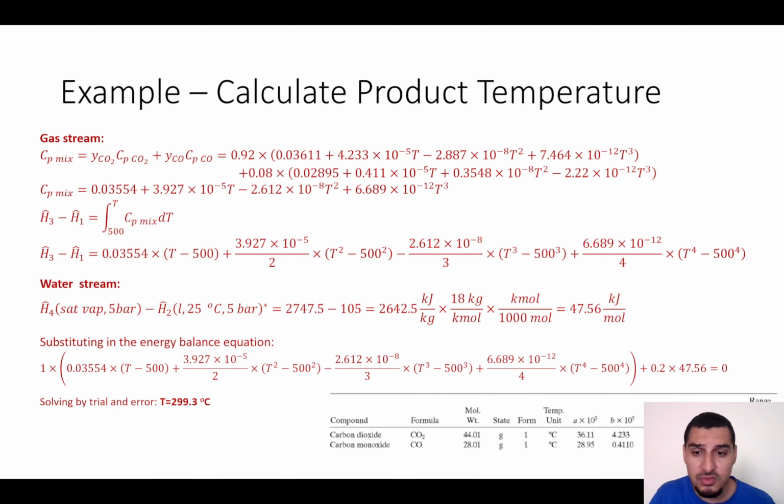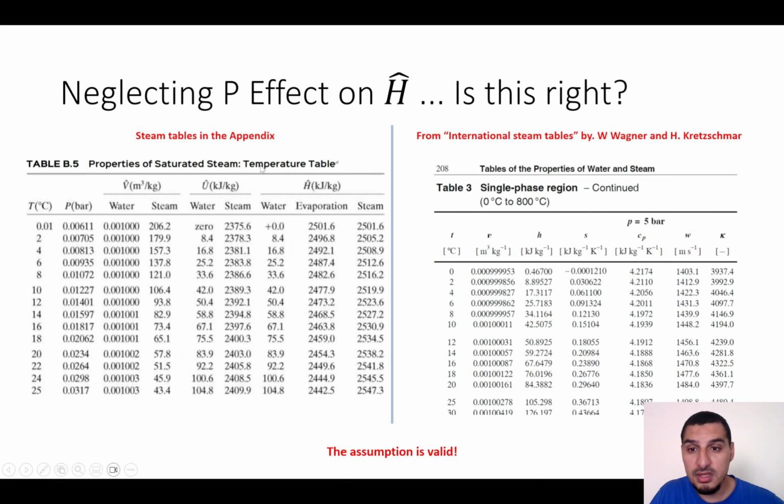There is one last point I want to discuss here, which is about this H2. Is the assumption that we made a valid assumption or not? To check this, I put here the steam table in the appendix, and this is the value that we got. This is the actual international steam tables, which is a big book that contains a lot of data about steam.